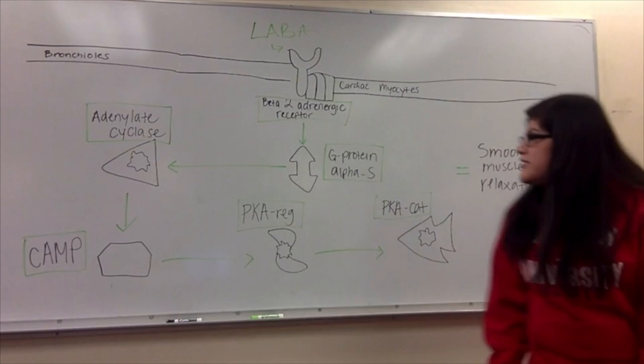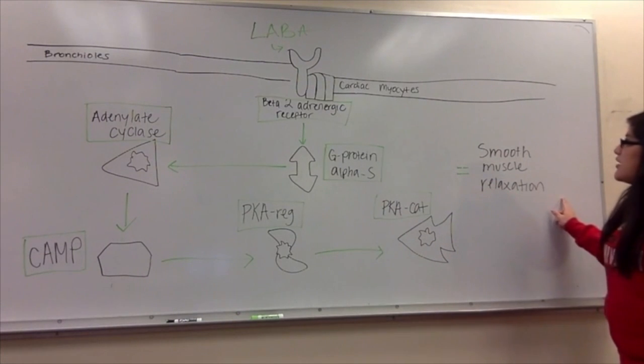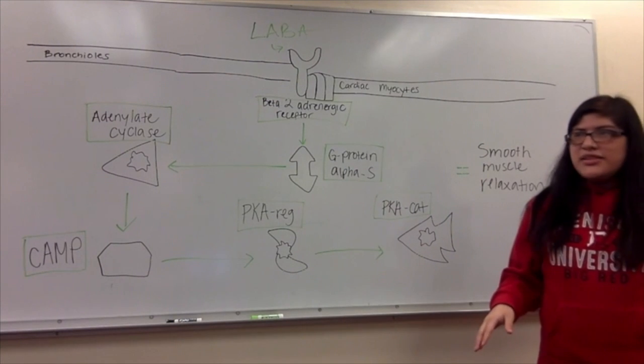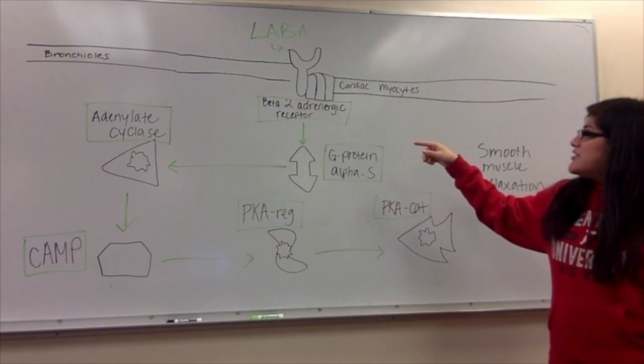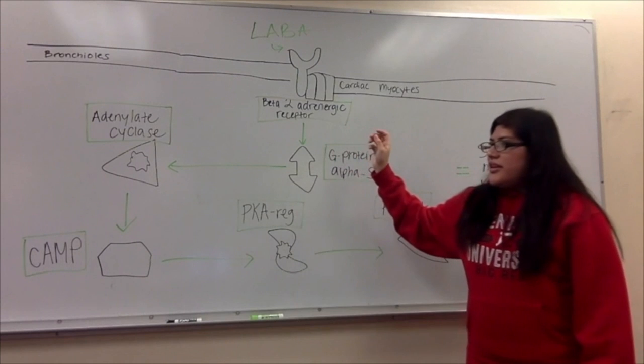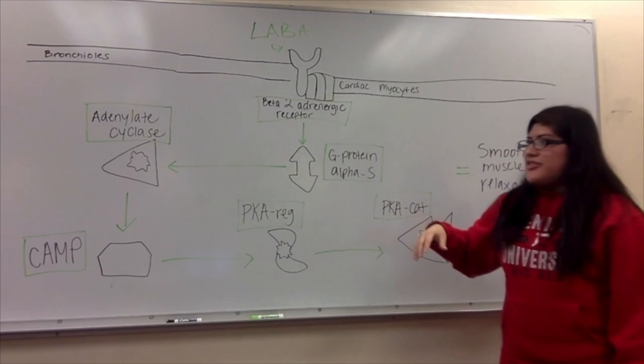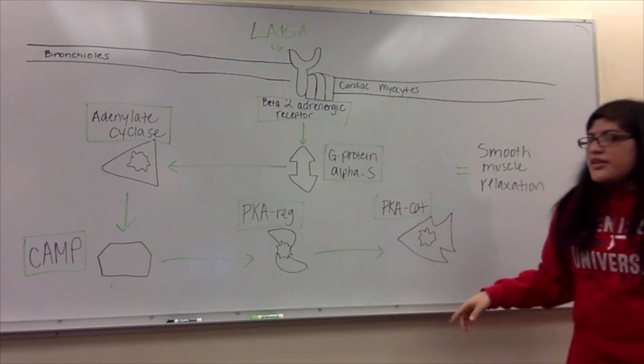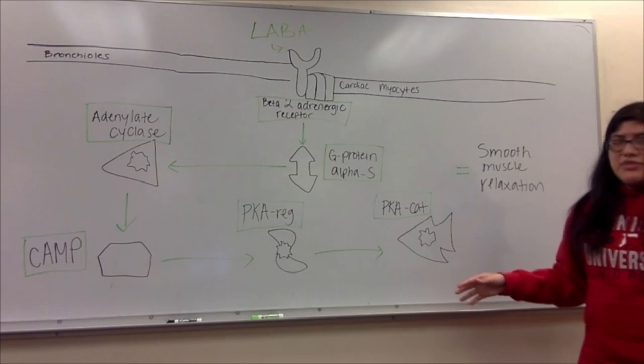The time it takes to achieve this smooth muscle relaxation through this LABA pathway is about 10 or 20 minutes after the LABA has activated this receptor. After those 10 or 20 minutes are up, the effects will continue to work for about 12 hours, like I mentioned before.